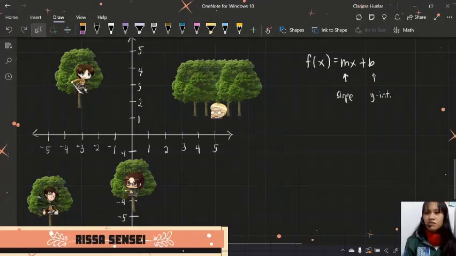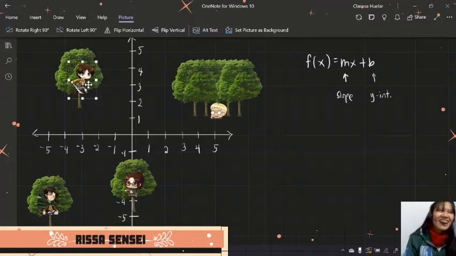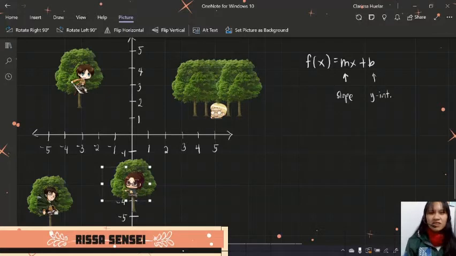So, we have ang crush ng bayan, Levi Ackerman, and we have the very famous Eren Yeager. So, si Eren. Then, ang kapartner ni Levi, si Hanji.